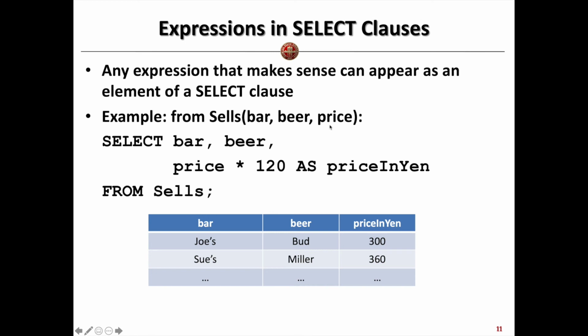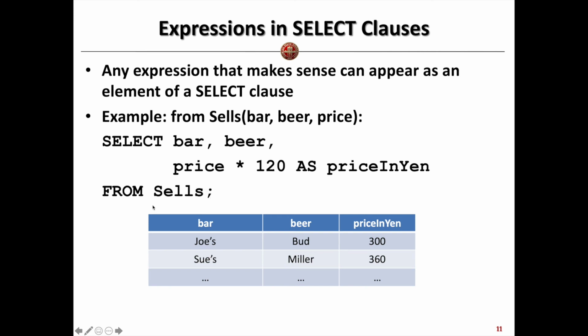We plan to write a query to find the bar, beer, and price, and here we change the price from USD to Japanese yen instead. We can do so by writing a select from where query like this: select bar, beer, price times 120 as price in yen from sales.